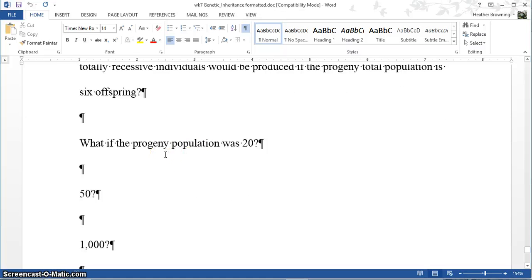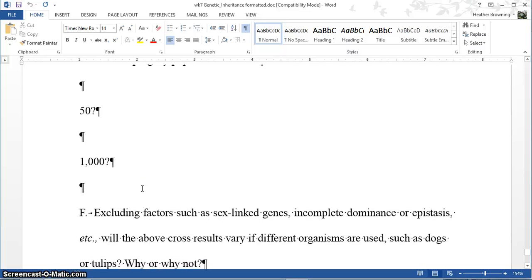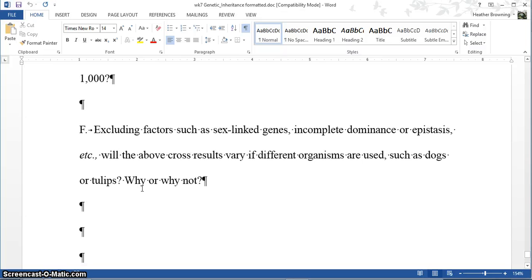If the progeny population was 20, same concept. You should still have that same ratio. 1,000. Excluding factors such as sex-linked, incomplete dominance, etc. are used. Will the above cross result, does it matter if it's a dog or a tulip?